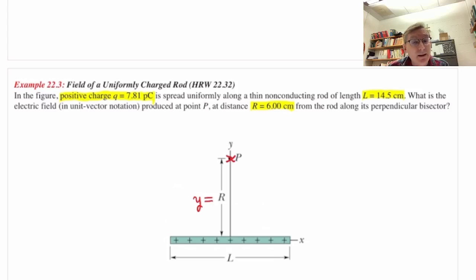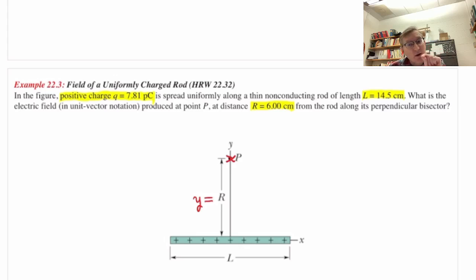Brief review of what we did, the approach, the procedure. We can't use just the electric field formula for a single point particle because this is not a single point particle. Instead, we have to do basically a thought experiment. We have to imagine breaking up the rod into an infinite number of infinitesimally small pieces, each with some tiny amount of charge dq.